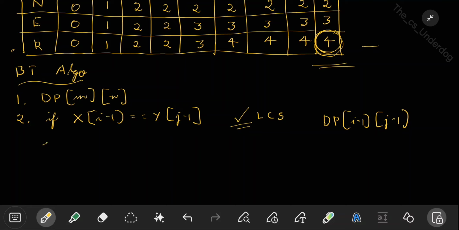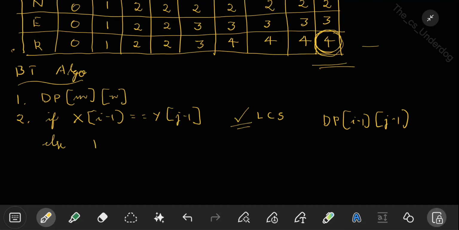Otherwise, if these do not match, then what should you do? Among dp i minus 1, j and dp i, j minus 1, whichever is larger, you should move to that block, because you know whenever there wasn't a match, what did you do when you wrote the algorithm? You picked whichever is the largest element among the block on the left and the block on the top. So this time you are doing the reverse of it.